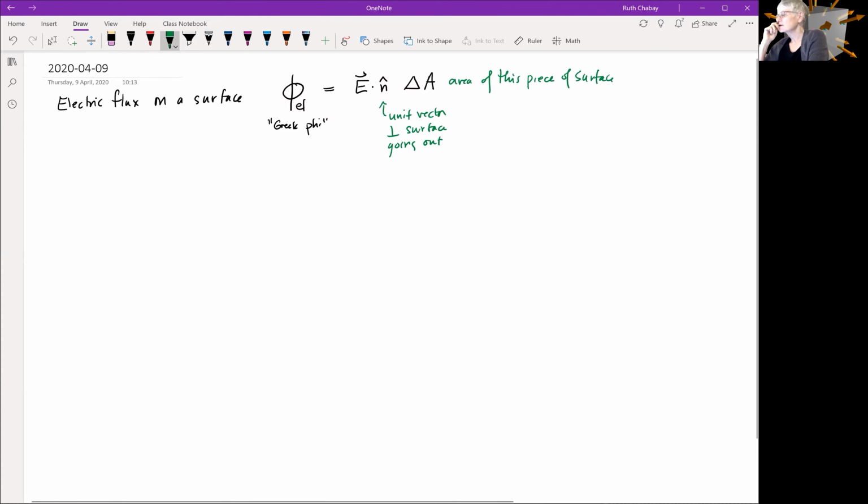So it obviously has units of volts per meter times meters squared, so we end up with volt-meters.